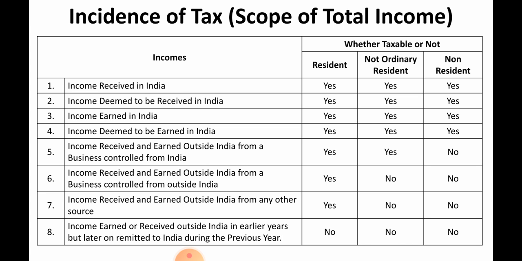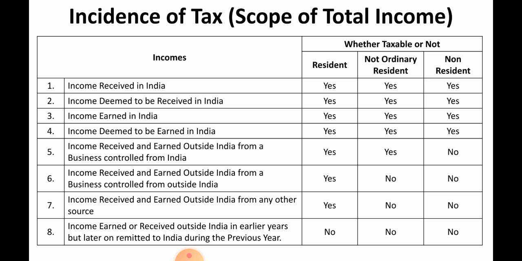Income deemed to be received in India, income earned in India, income deemed to be earned in India. The first 4 points clearly show that these are Indian incomes. And we have concluded that Indian incomes will be taxable for all types of assessees.